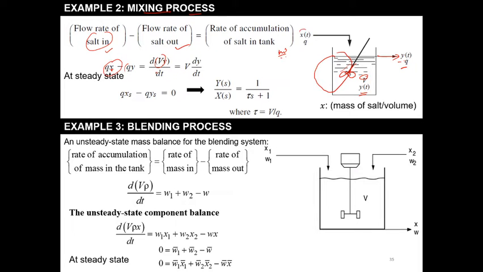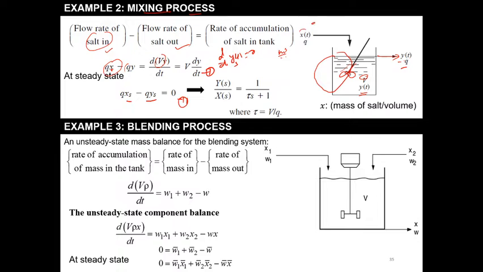At steady state, everything becomes constant: Qxs, Qys, and the d by dt of yt becomes 0 at steady state, because it holds up to ys. This represents equation number 1, and this represents equation number 2.